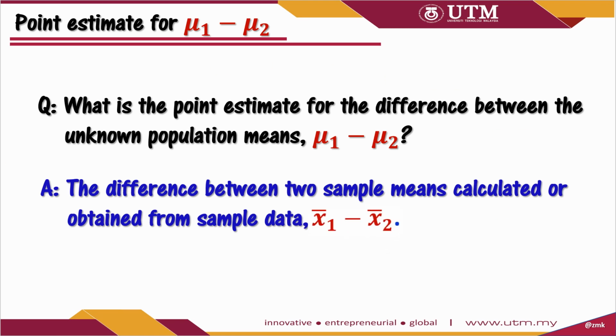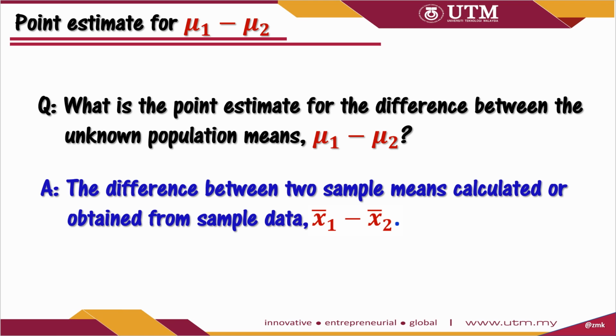Here, x bar 1 is the point estimate for mu1, and likewise x bar 2 is the point estimate for mu2. If you are interested to find the point estimate for mu2 minus mu1, then you can simply use x bar 2 minus x bar 1. Notice that the position must be consistent.